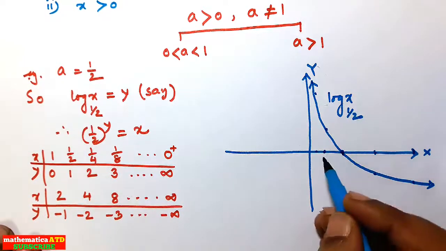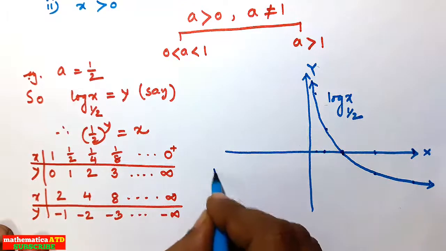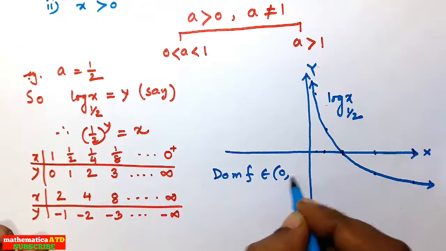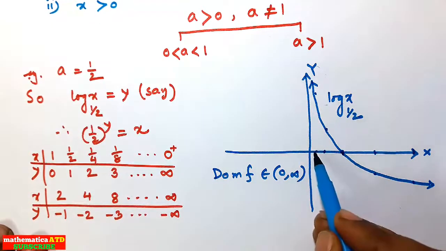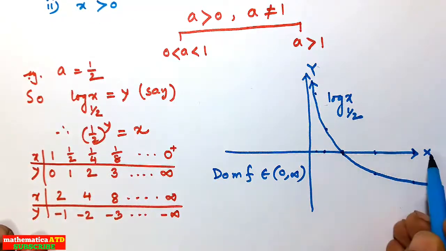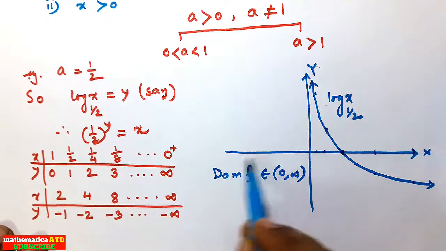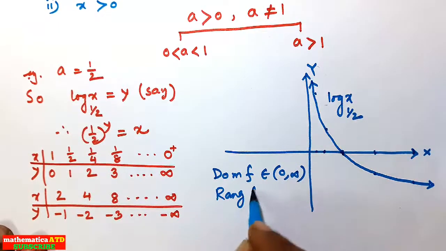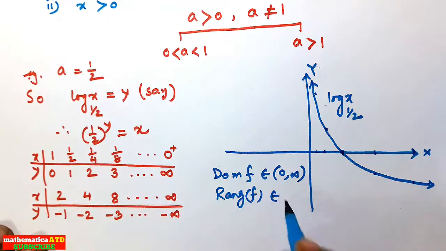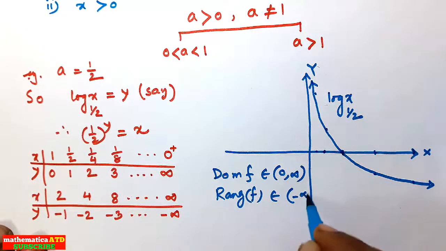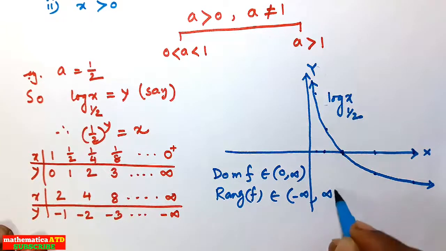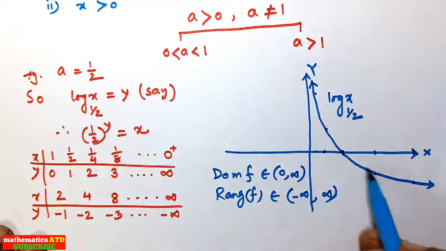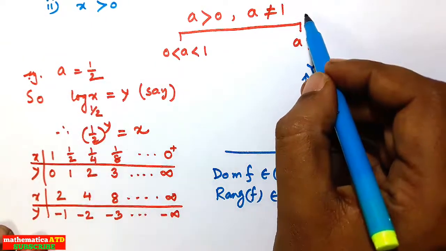So here we see that the domain of this function belongs to 0 to infinity. We have taken from 0 to infinity, no point is taken negative, and the range of f is minus infinity to positive infinity.